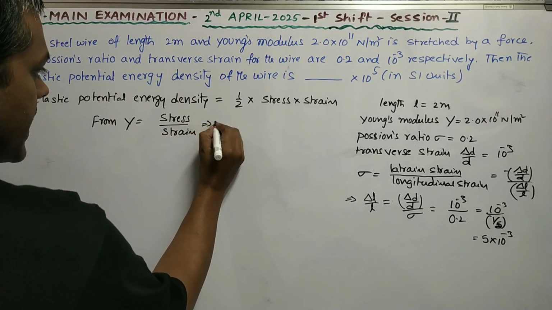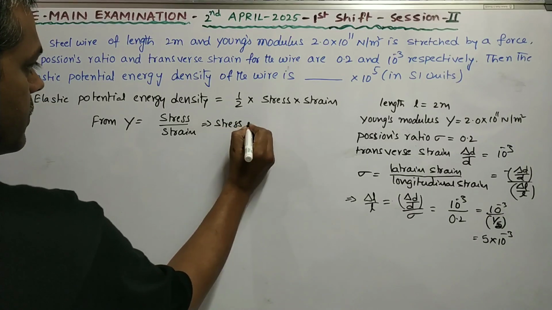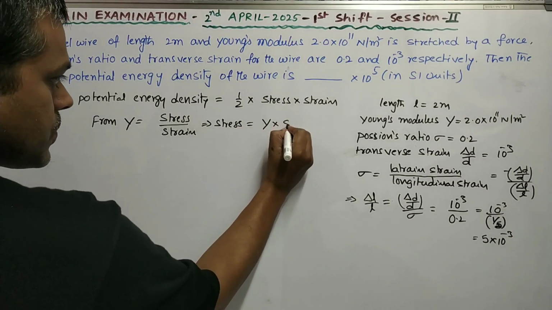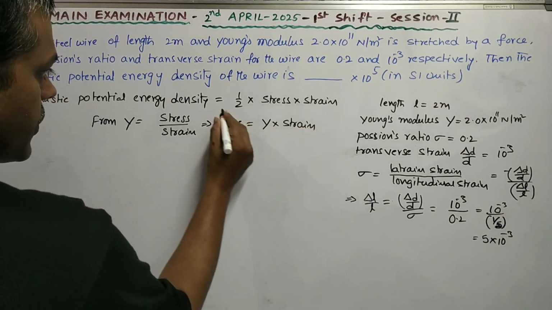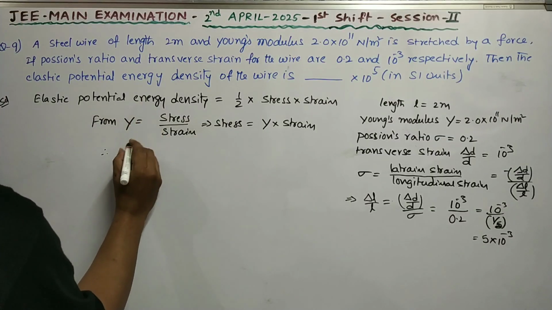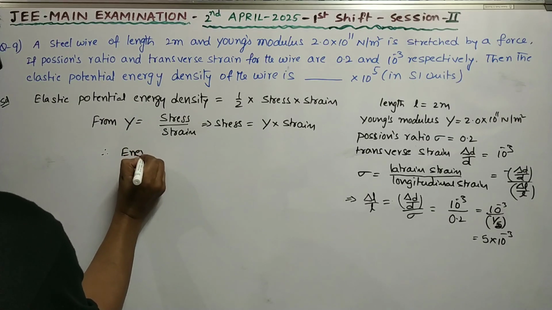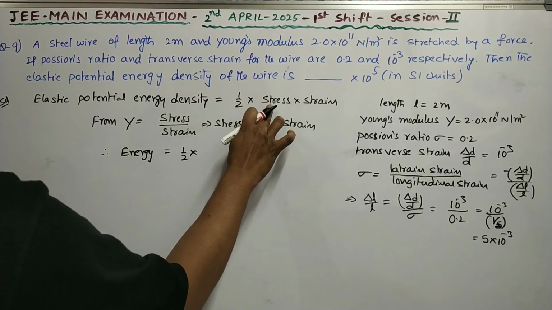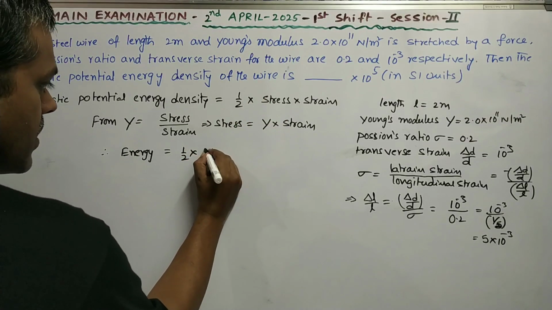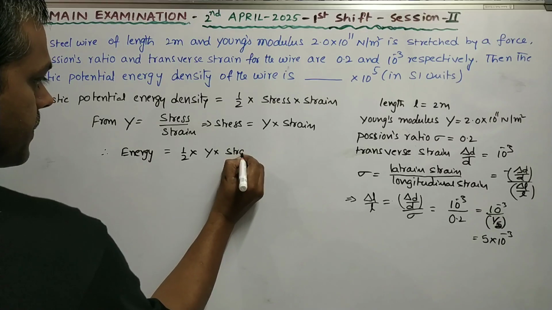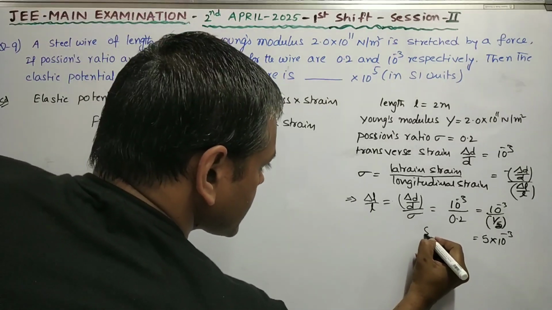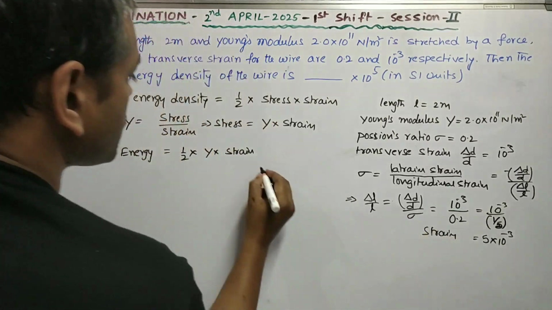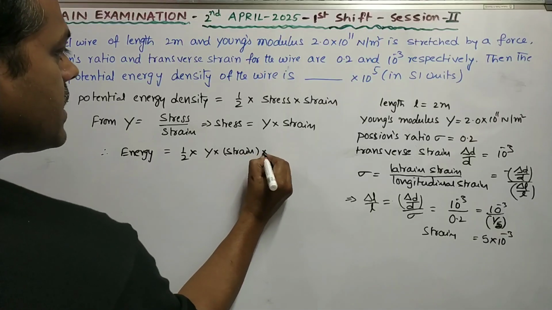So we can write stress is equal to Young's modulus into strain. Therefore, the elastic potential energy is equal to half into, in place of stress, Young's modulus into strain, into strain.